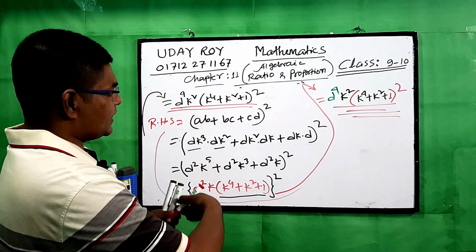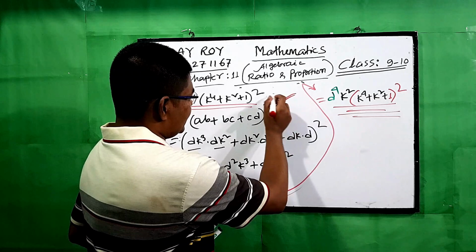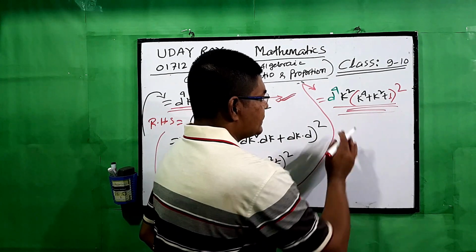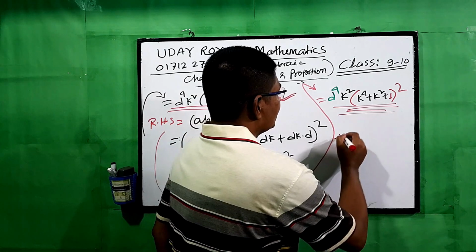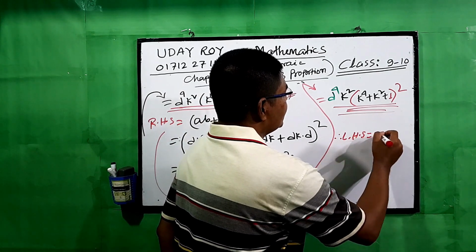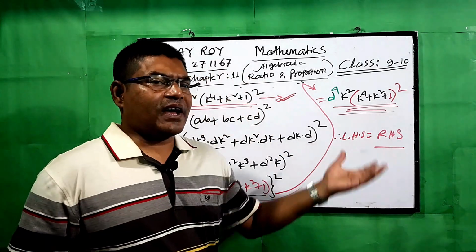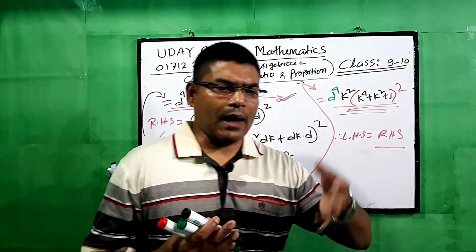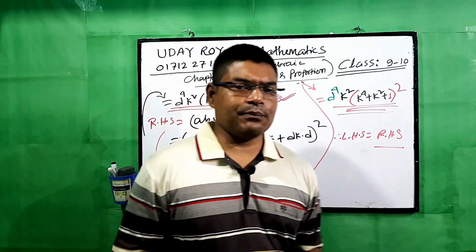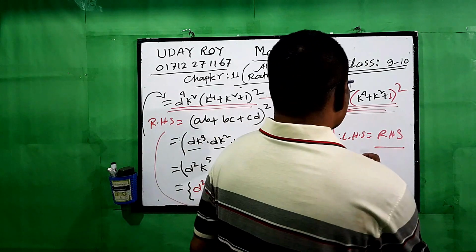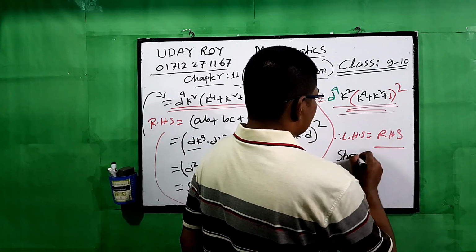This is the left hand side, and this is the right hand side. So left hand side equals right hand side. If the question says show that, you have to write showed; if it says prove, you have to write proved. So here it is show that, so you can write showed.